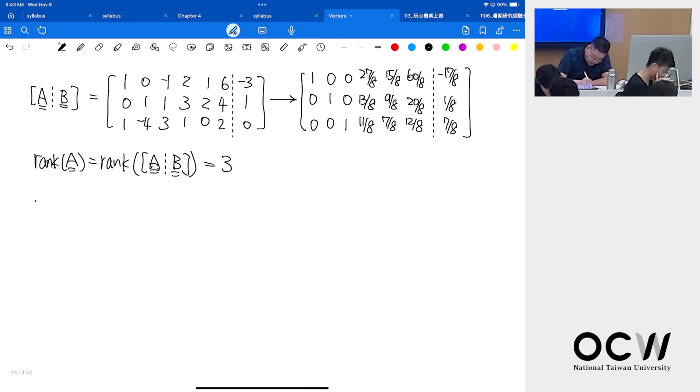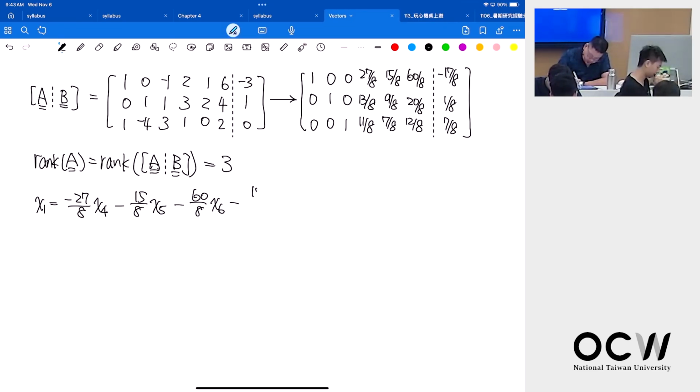So x1 is minus 28 over 27 over 8 x4. And here's x2.